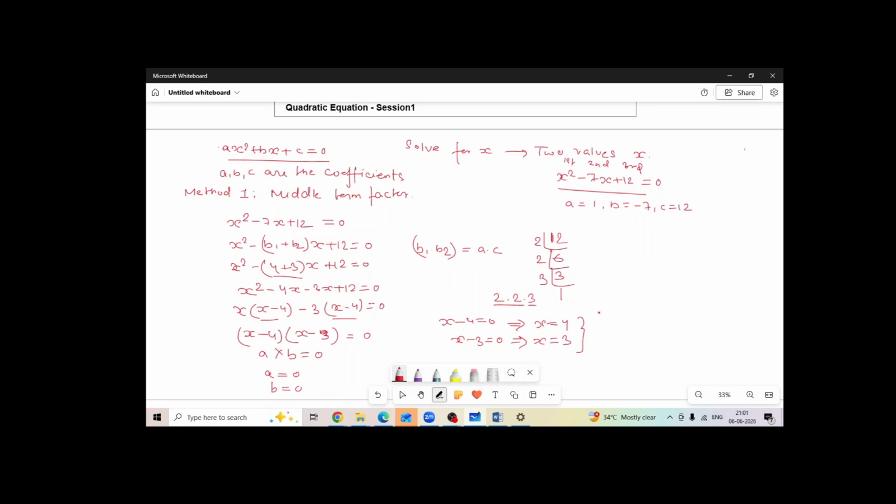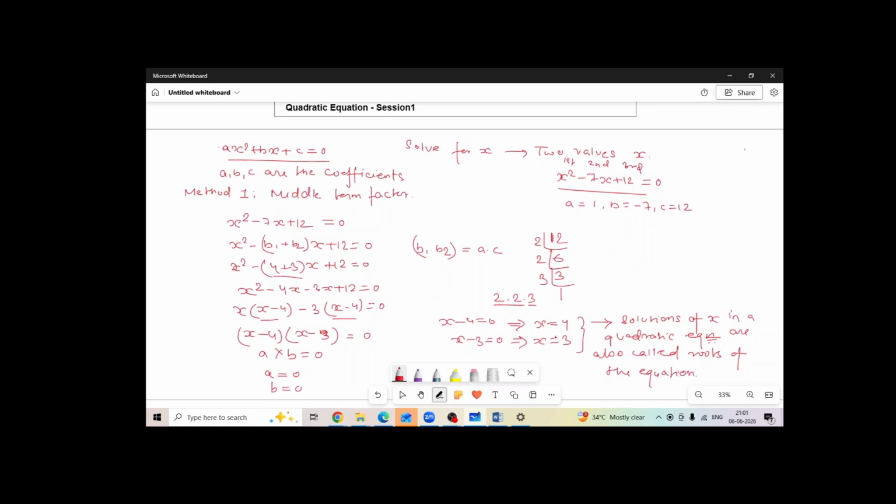In mathematical terminology, these solutions of x in a quadratic equation are also called the roots of the equation.